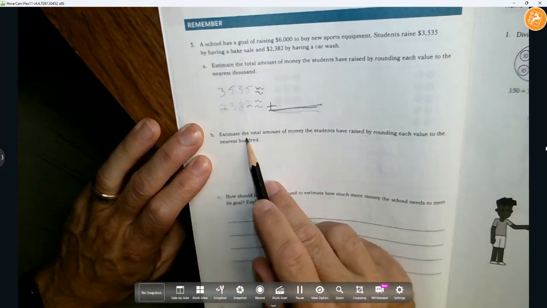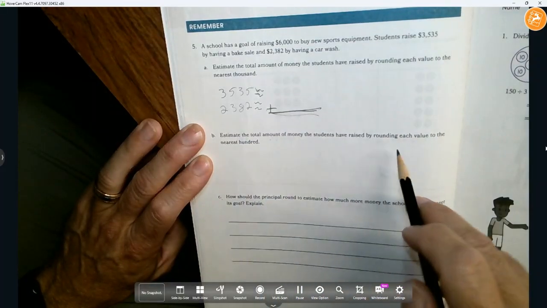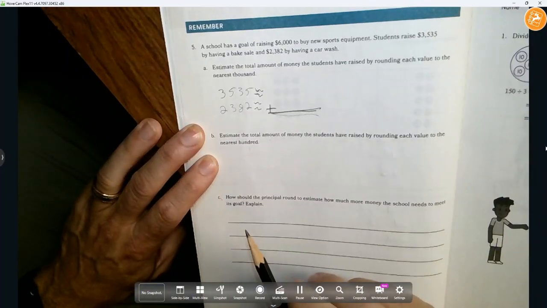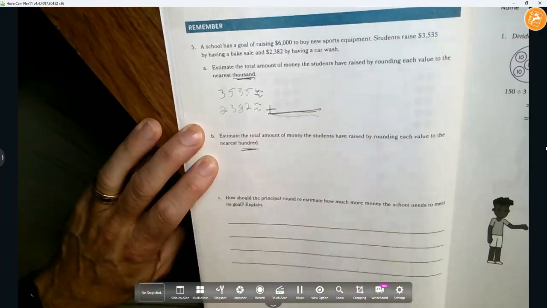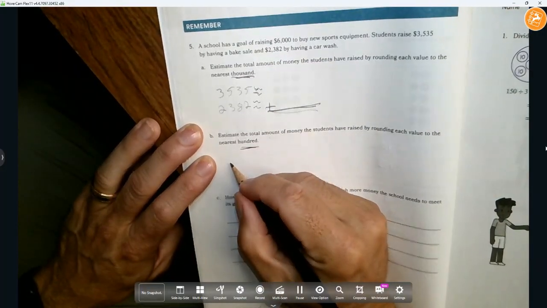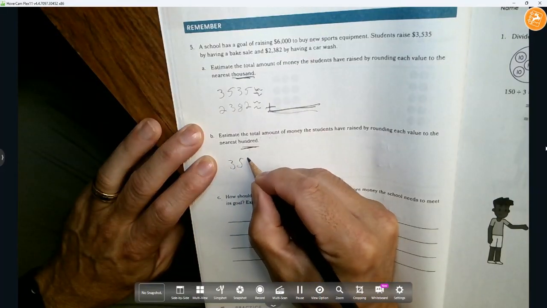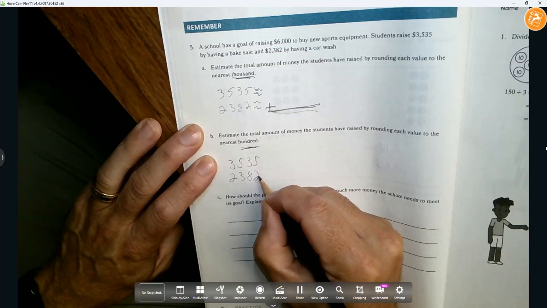And then it says estimate the total amount of money the students have raised by rounding each value to the nearest 100. Okay, the first one says 1,000, the second one says 100. So same thing, set up the same way. 3,535, 2,382.